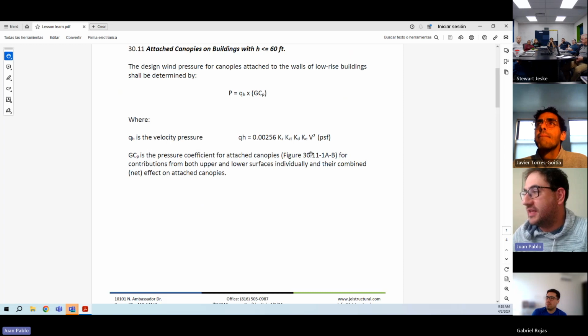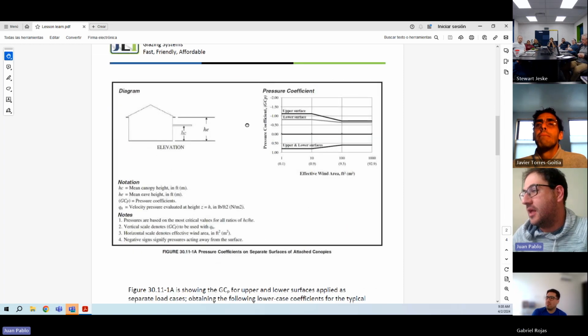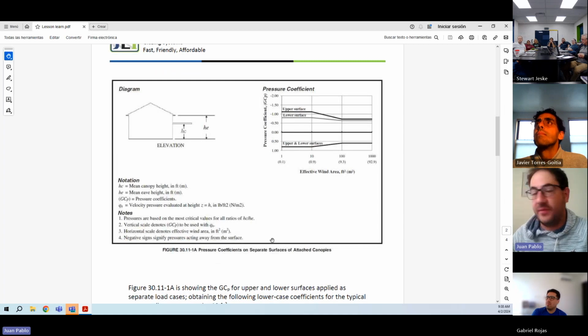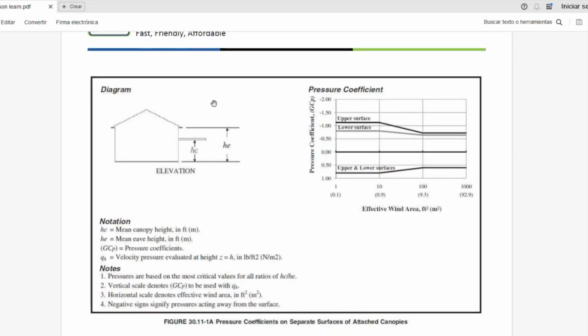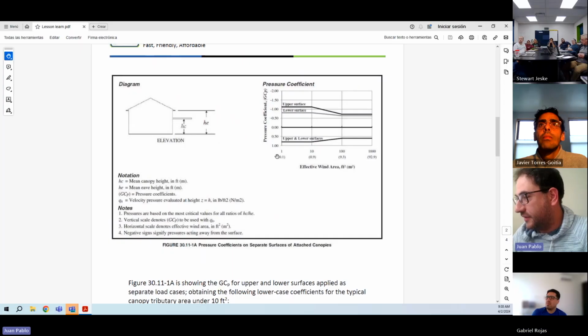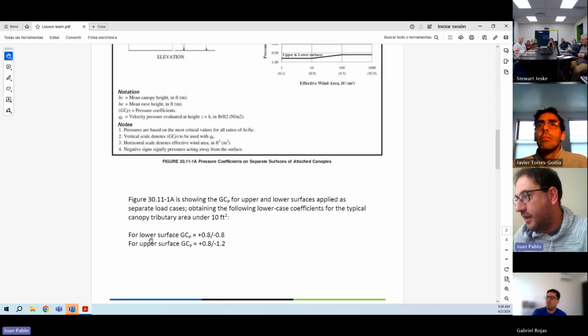So we'll see Figure 30.11-1A at the beginning. Here we're seeing the pressures from the upper surface and from the lower surface, applied as separate load cases. As we can see, the positive is downward.